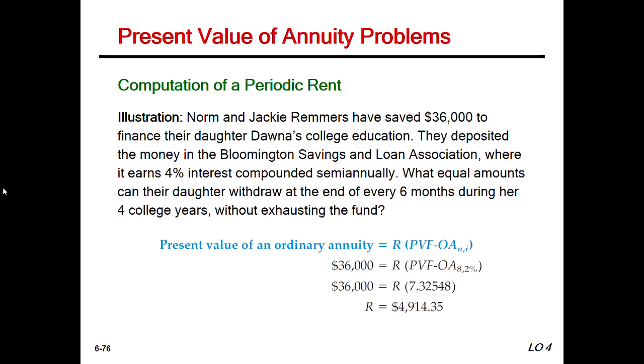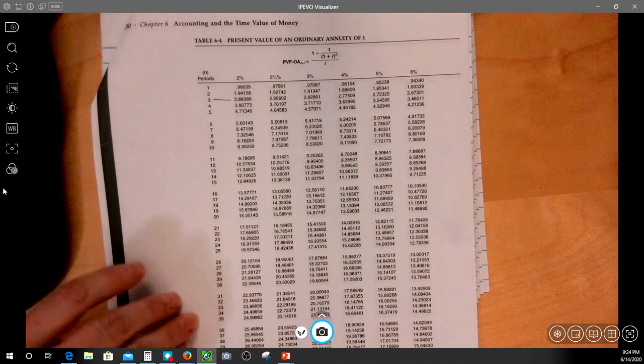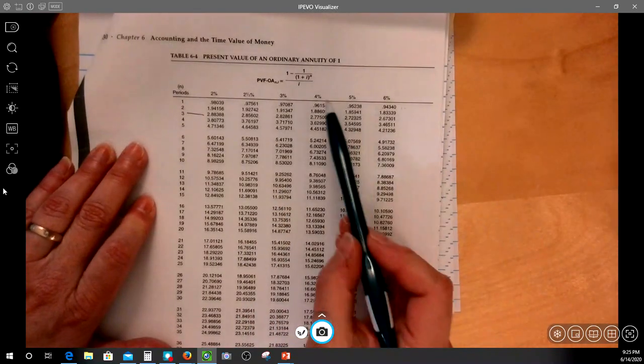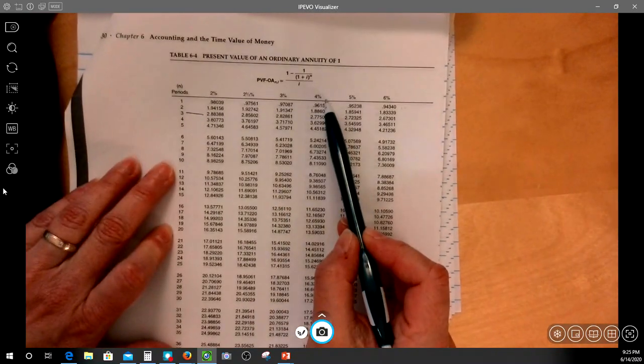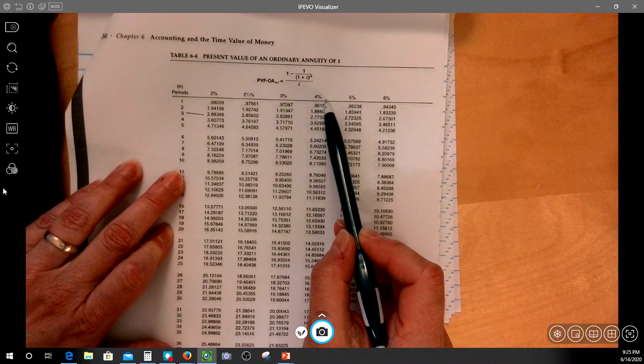So we can look for the 4% and 8 periods. Let's take a peek at that. We've got present value of an ordinary annuity, in the 4% column.